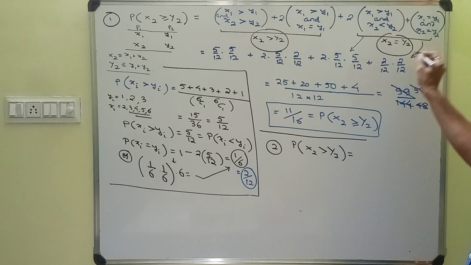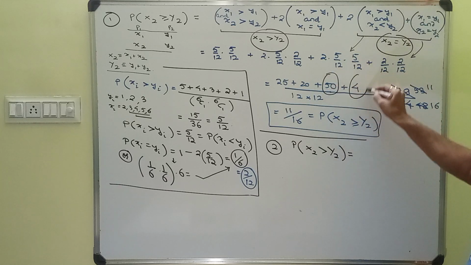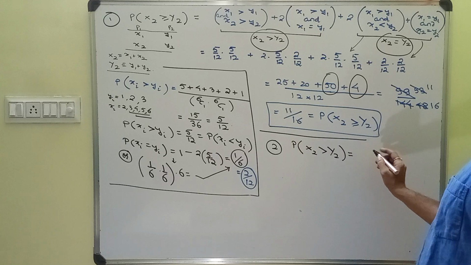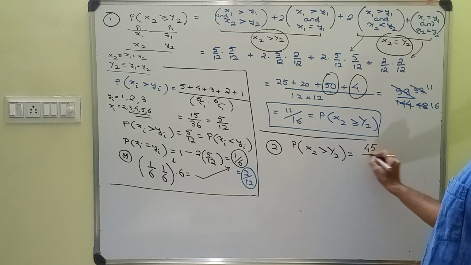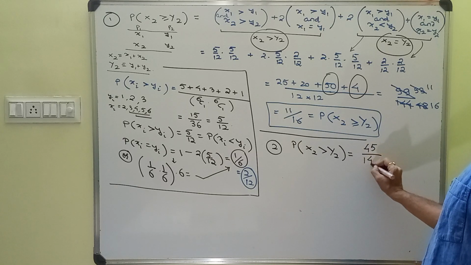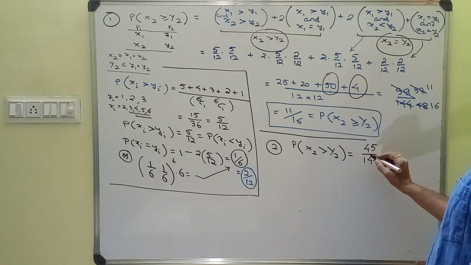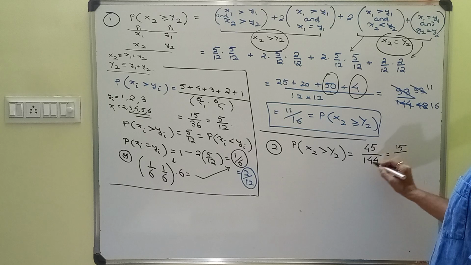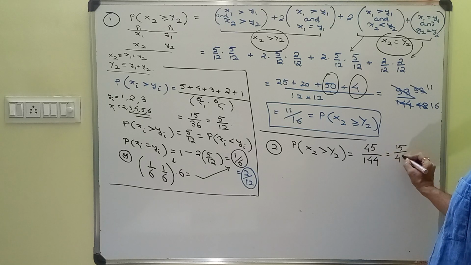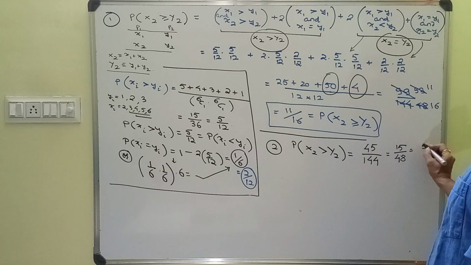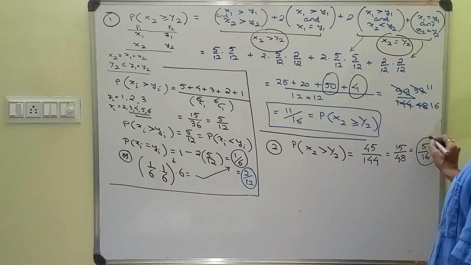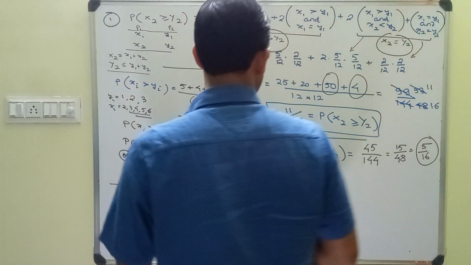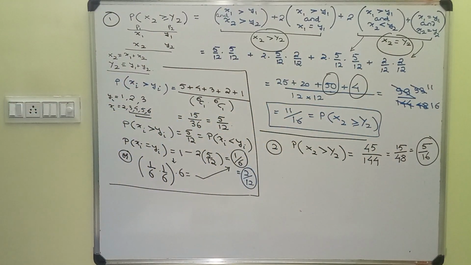That means from the numerator, 50 would go off, 4 would go off. Hope you understand this. And that means this counting would be equal to 45 by 144. If I reduce by 3, let's say 15, 3 4s are 12, 24, 48, again reduce, 5 by 16. This is going to be the answer for P of x2 greater than y2.